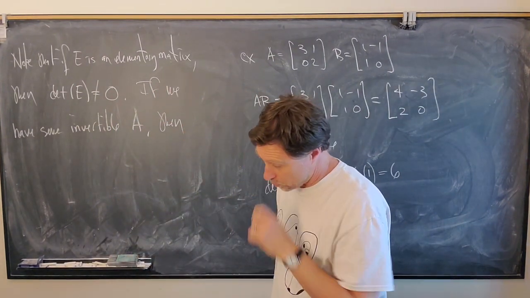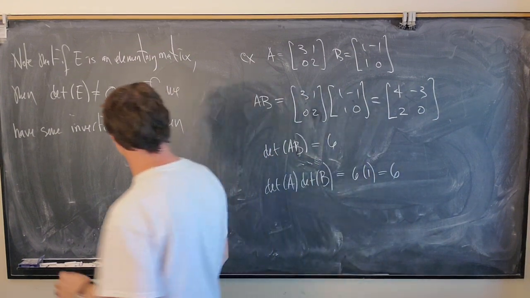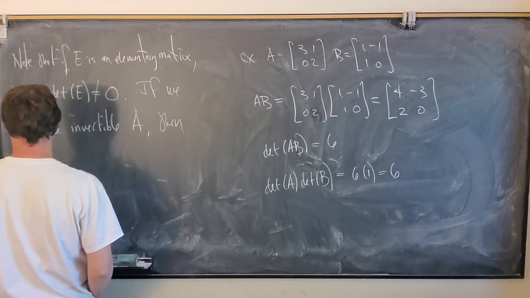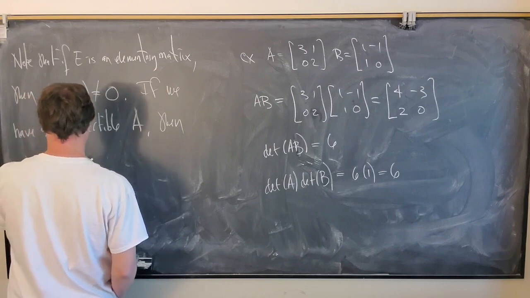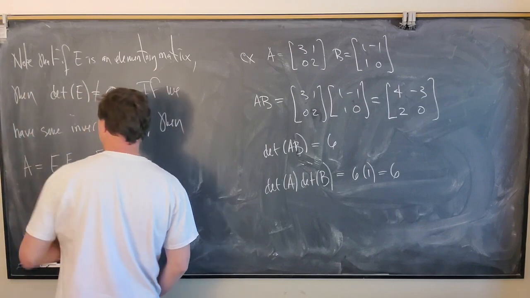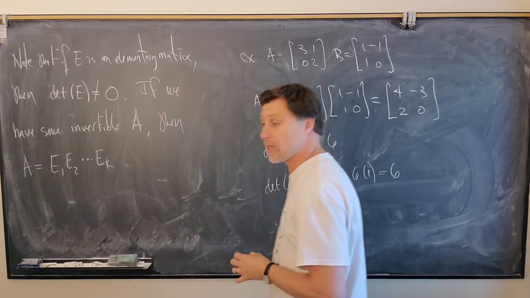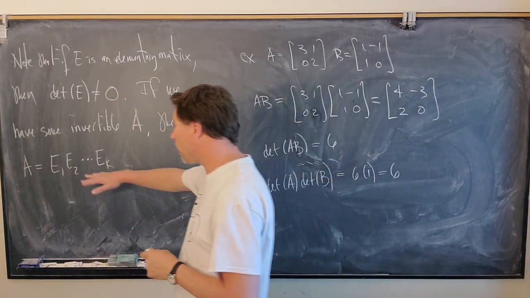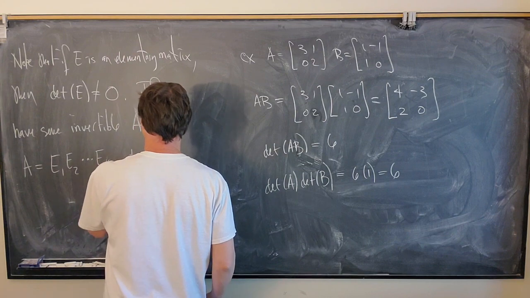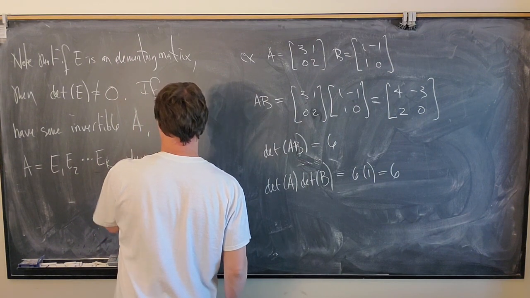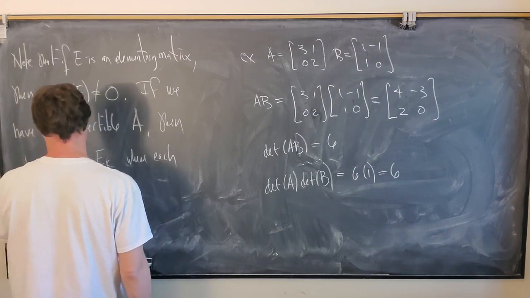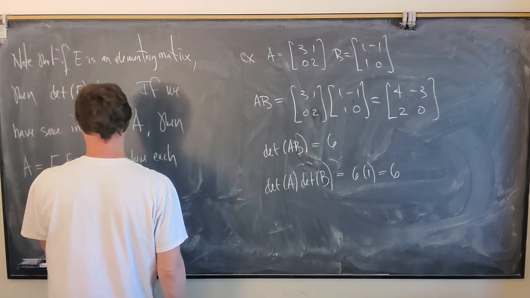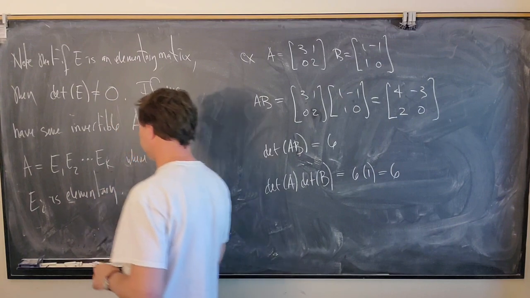One fact that we know is that A is equal to the product E1, E2, up through E sub k, where each E sub i is elementary.